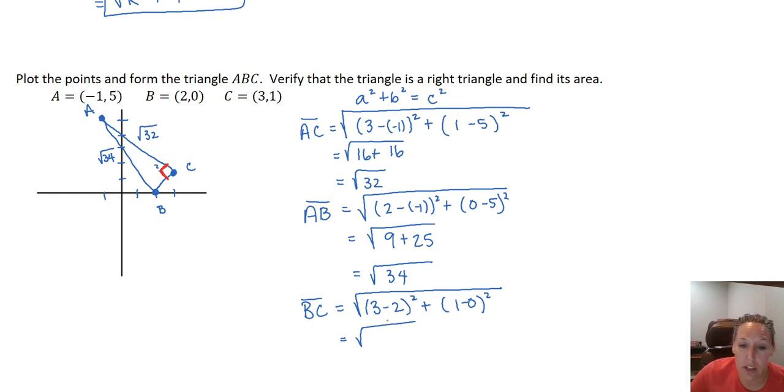3 minus 2 squared is going to be 1, plus 1 minus 0 squared is also 1, so we get square root of 2 is that little side there at the end.